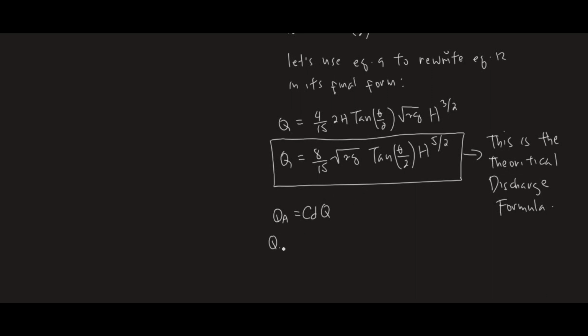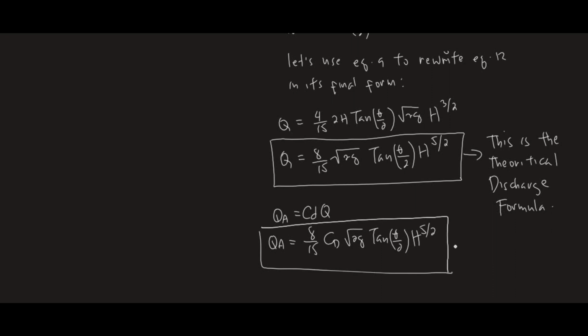So the actual discharge would be 8/15 CD square root of 2g tangent theta over 2 h to the power of 5 halves. So this is the formula for the actual discharge.